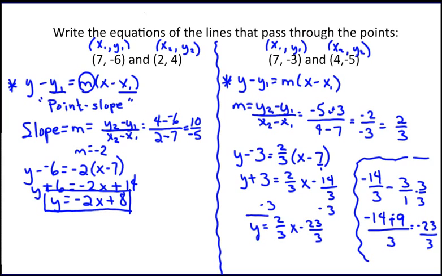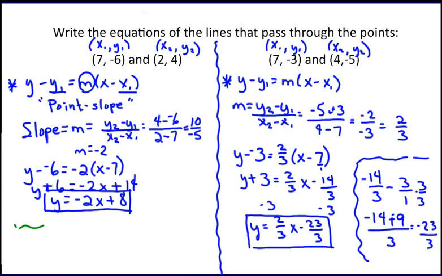So this was more complicated just because of the fractions, but the method was exactly the same. So this equation that we just got is the equation of the line that goes through the ordered pairs 7, negative 3, and 4, negative 5. Let's do these two problems in a different way so that you have a choice.